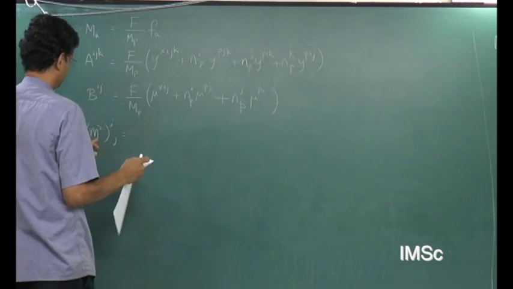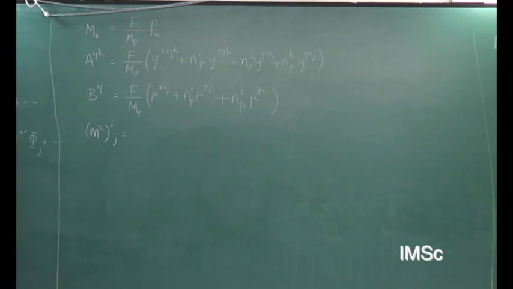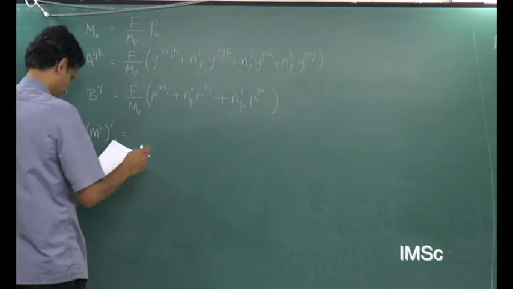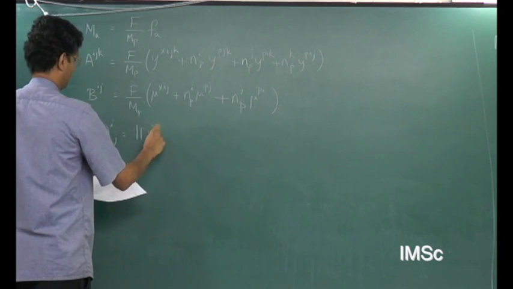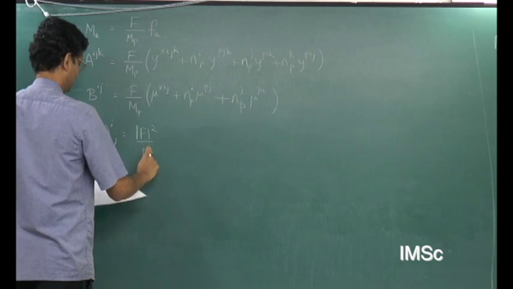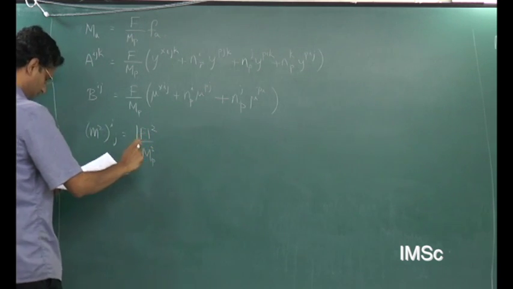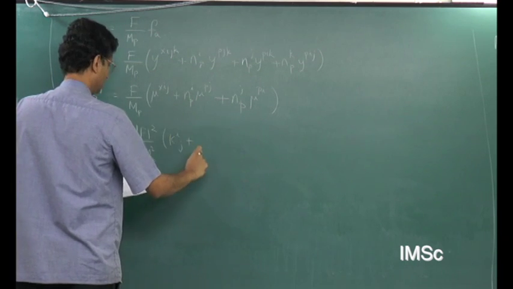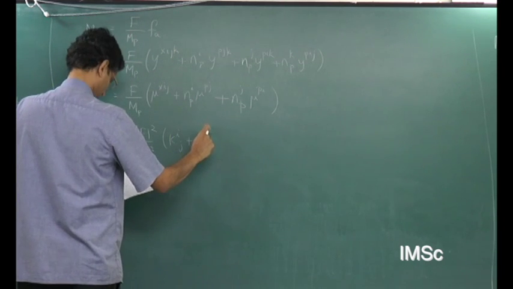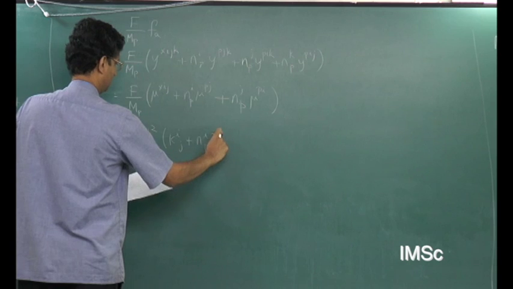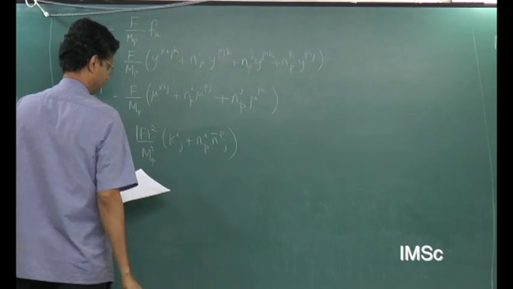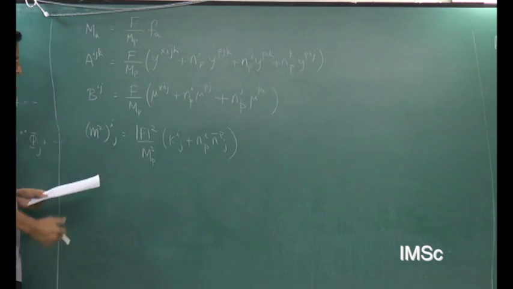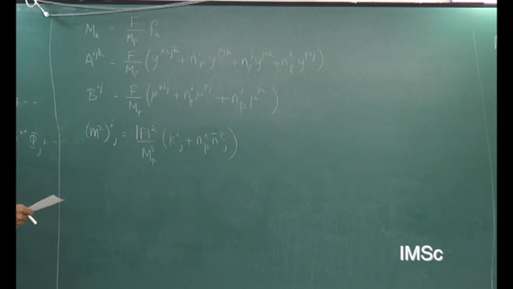So the M squared were now scalar masses, soft masses, like for quarks, leptons, all of those. So these are the things that come out.